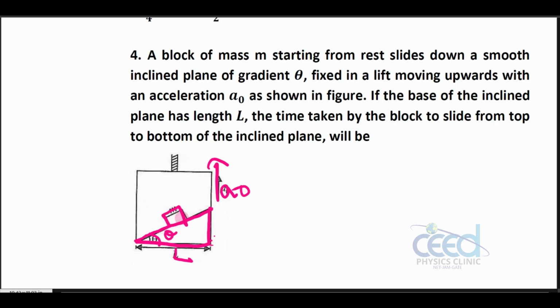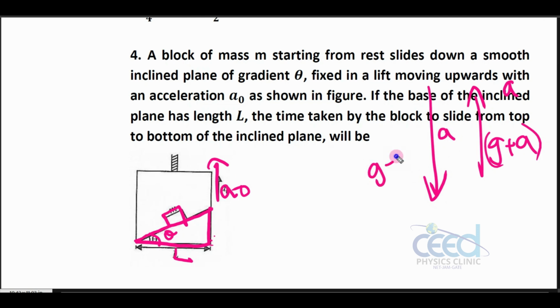Now what is the acceleration here? In the lift problem we studied, if the lift moves upward with acceleration a, the net weight acceleration is g plus a. If the lift moves downward with acceleration a, then the net acceleration is g minus a. That is why when you travel in a lift downward, the effective acceleration decreases and you feel some weightlessness. You studied all that in lower classes.